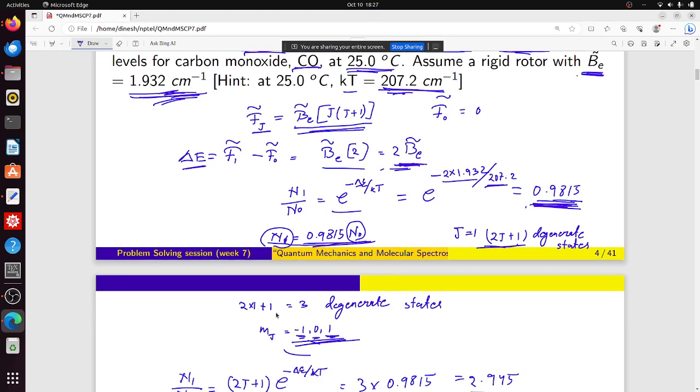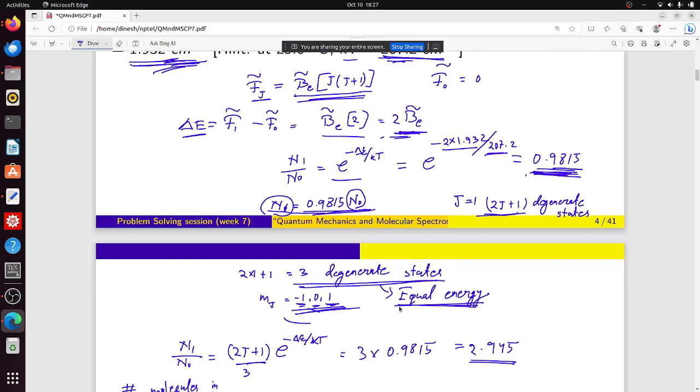So if J equal to 1, then there will be 3 degenerate states. What does this mean? These 3 states will have equal energy. So it's equally probable that those particles will be in any of the 3 states.